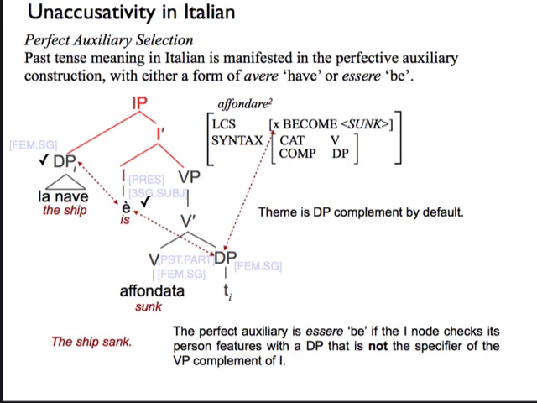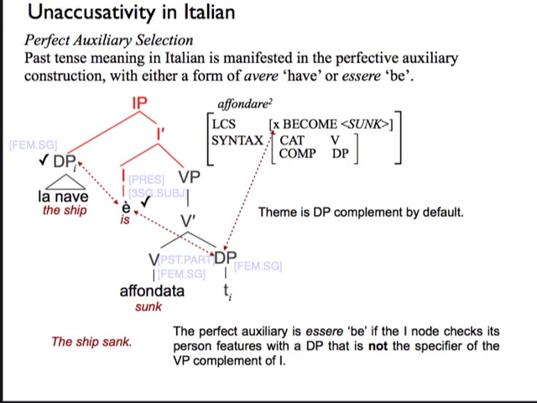We have to say it, this is being very explicit. If the person features of the DP that the I node checks with are not in the specifier of VP position, then we get essere. It's actually a fairly simple rule. And kind of a strange one.